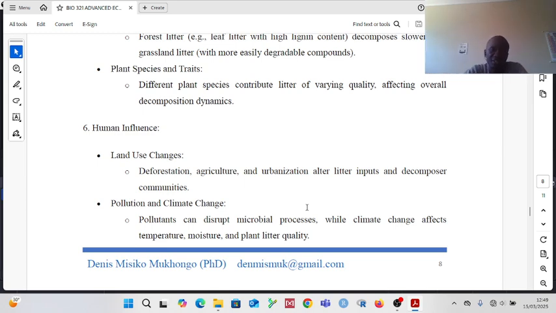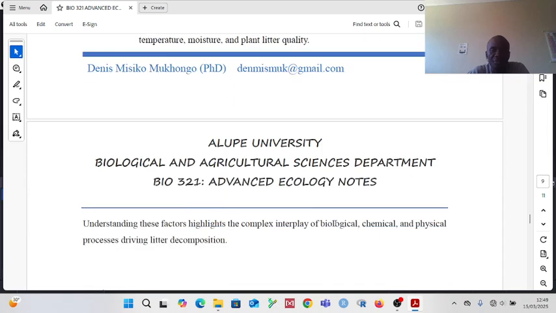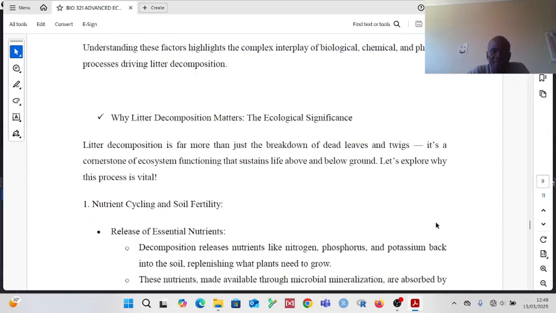Pollution and climate change, which are largely creations of human influence, they are also likely to disrupt the microbial processes. So pollutants can disrupt the microbial processes. Climate change can affect temperature, can affect moisture. Okay, so by doing so, then it will by extension impact the decomposition process.